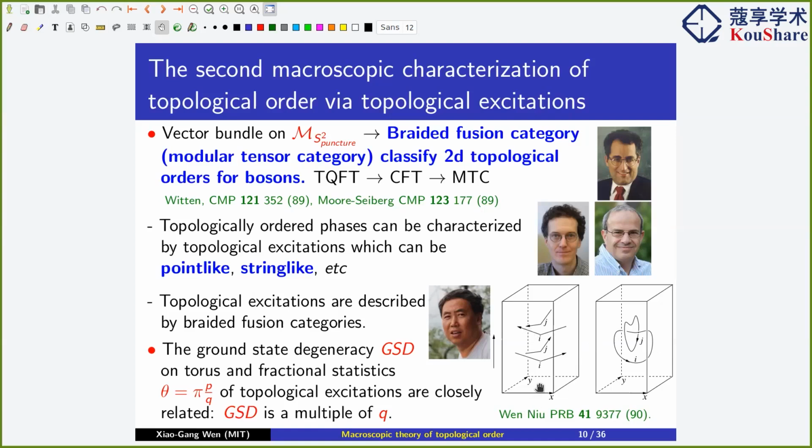Here I'm describing a torus, this x and y, describing a torus. The vertical direction is the time direction. And we imagine on the torus we have some degeneracy. And also above this ground state we have some excited states, some excitations, the type of anyons.